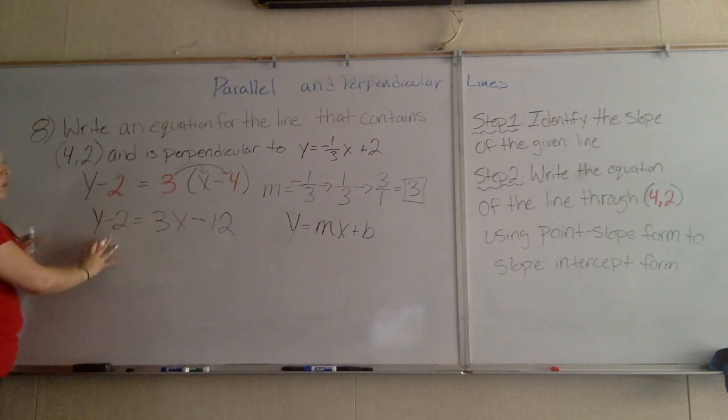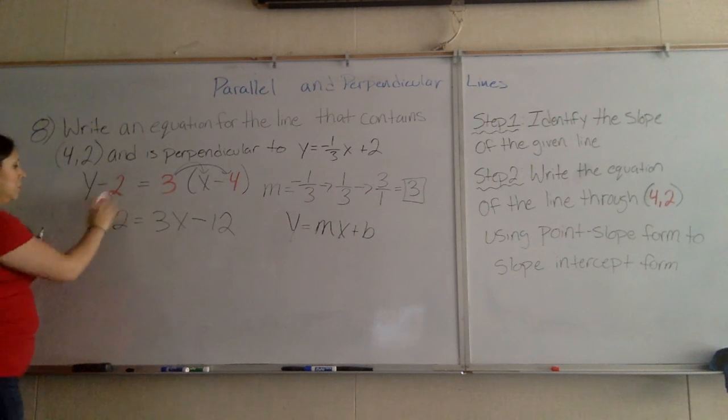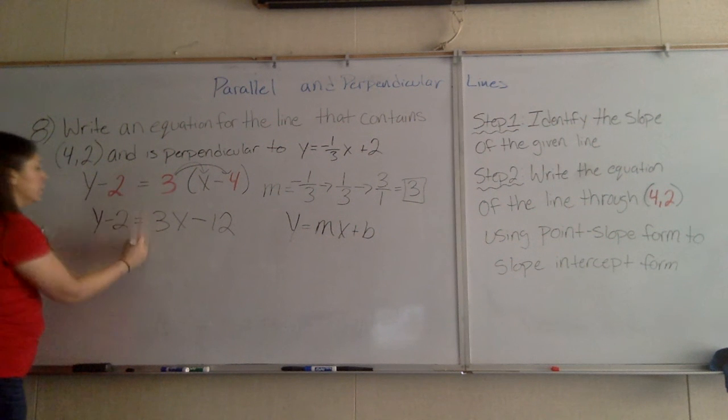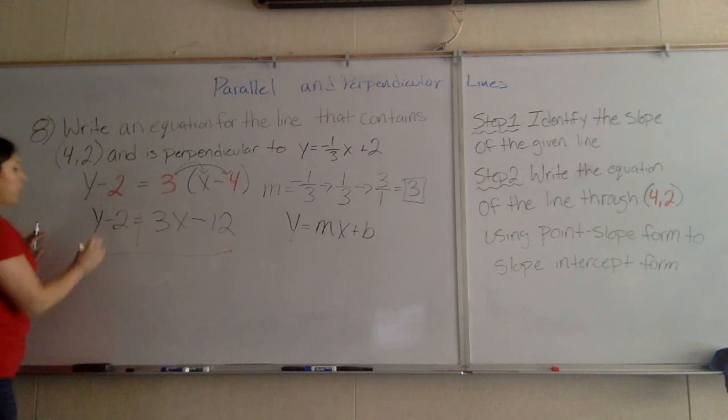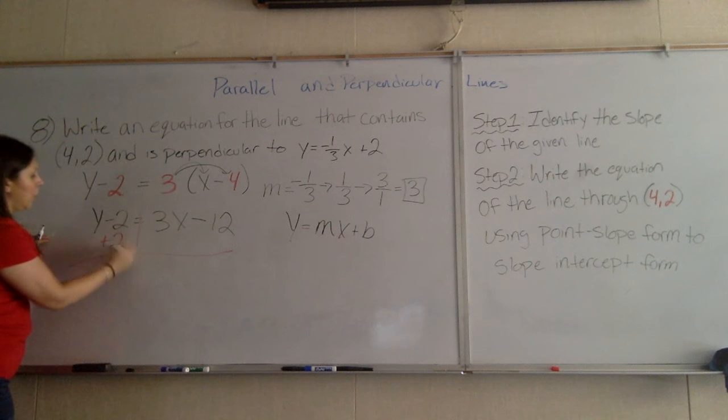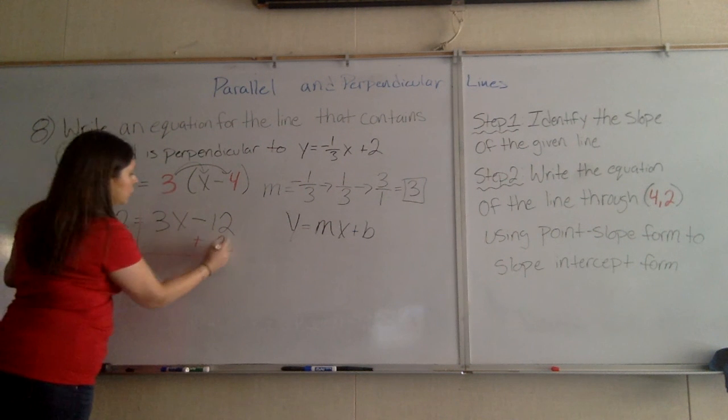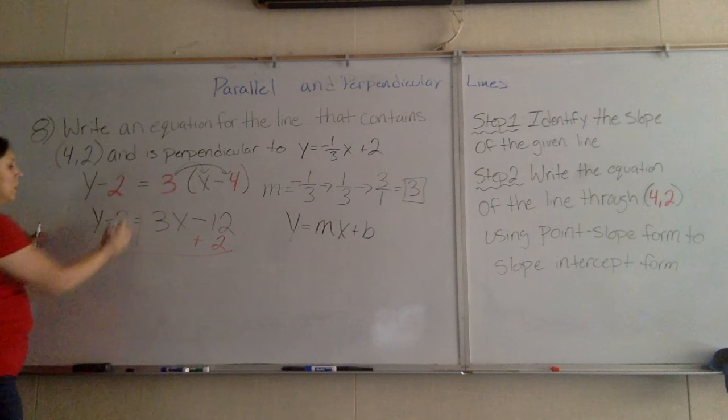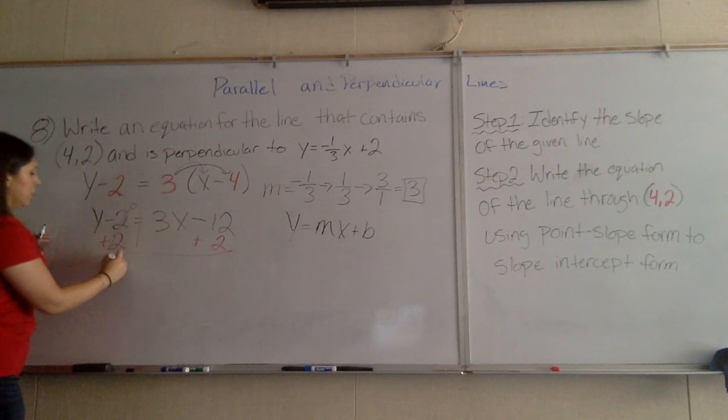From there, I can now move my negative 2 over. So I'm going to do my upside down T. I see a negative 2, so I'm going to do the opposite, which is positive 2 to both sides. This goes away, I get 0.